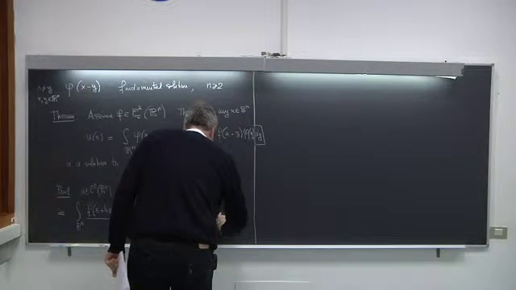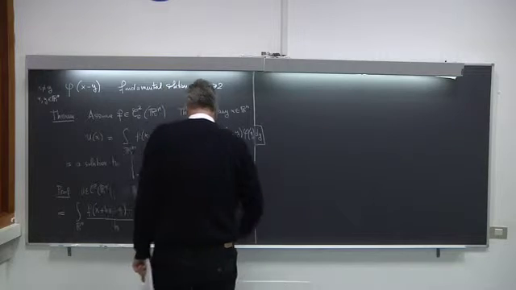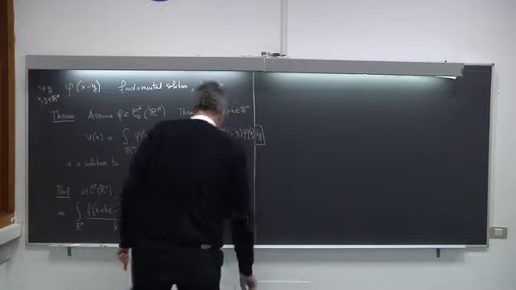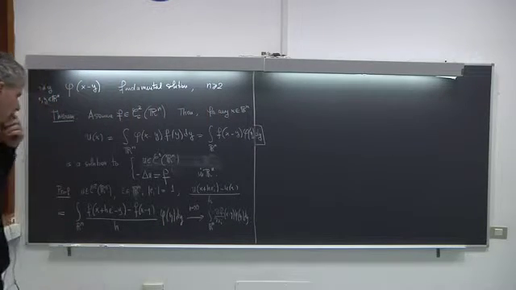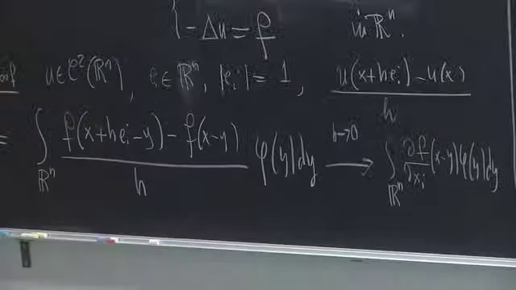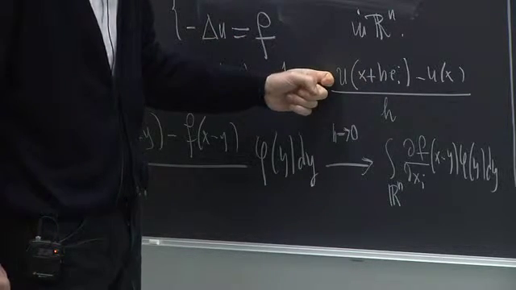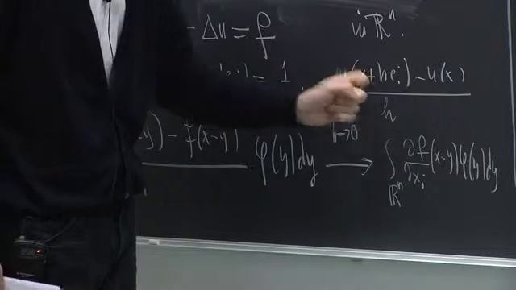So this converges to df over dx_i of x minus y. Hence, there exists the limit also of the left-hand side as h goes to 0, and this limit is this.